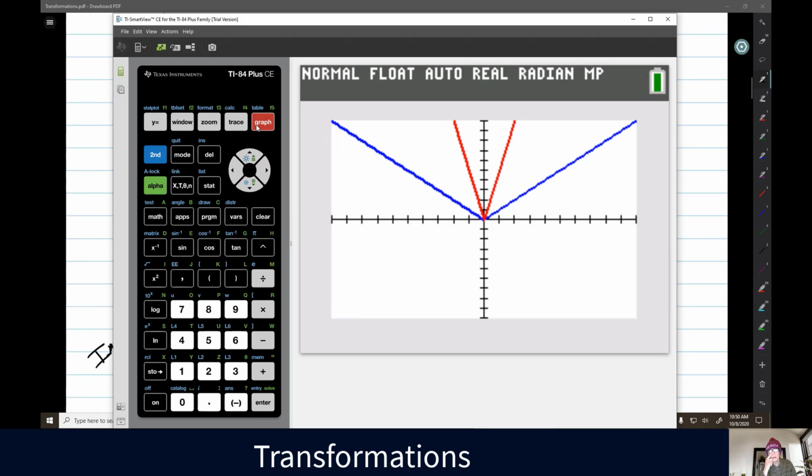The y coordinates are multiplied by a number bigger than 1, and the x coordinates stay where they are.